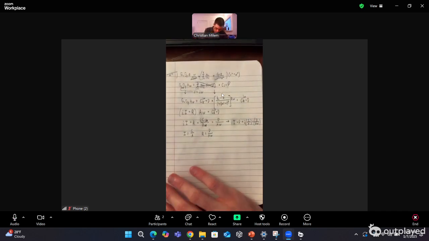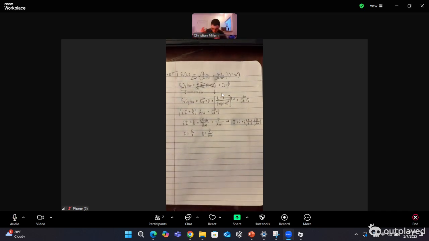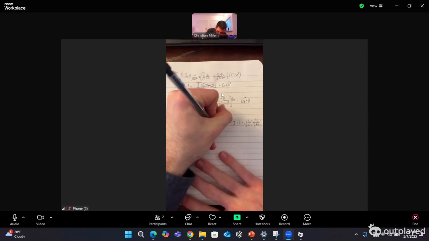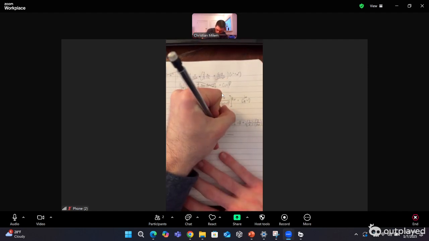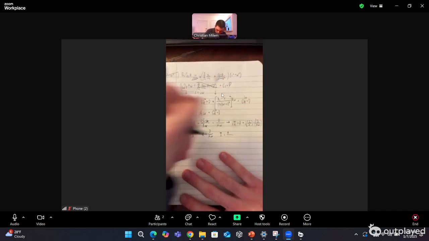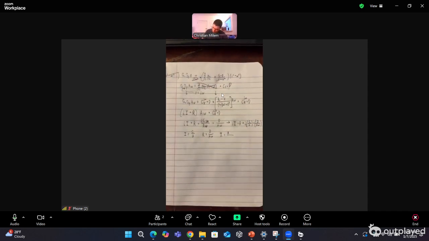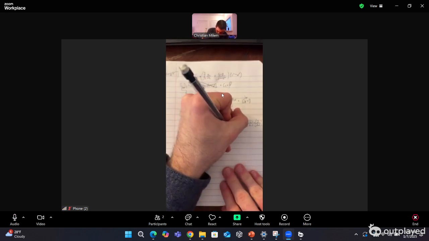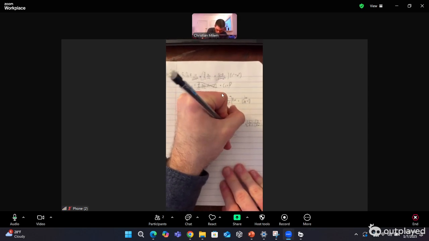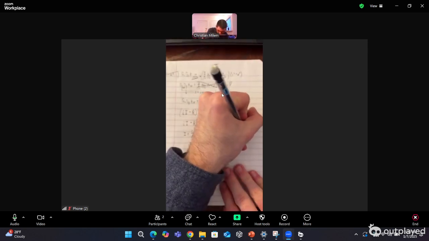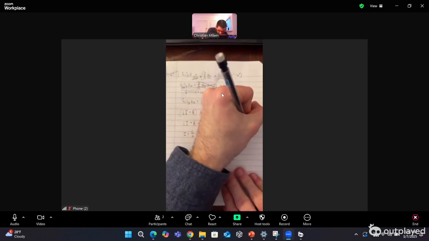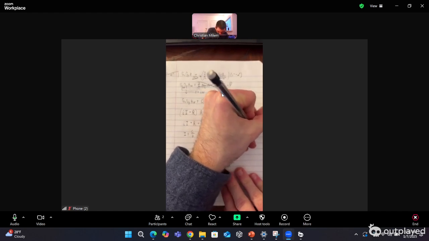So C is equal to A sine phi over A. And then we have R that equals amplitude omega cosine phi.